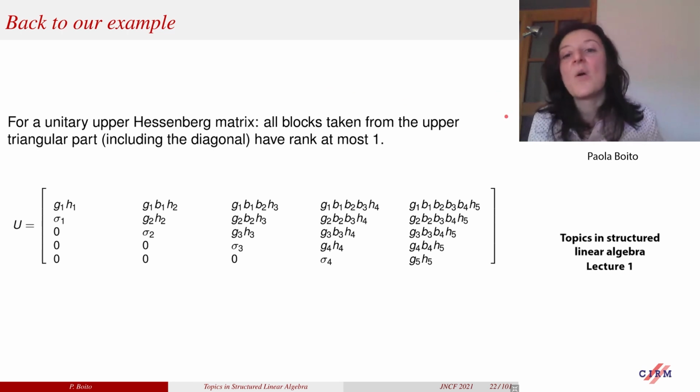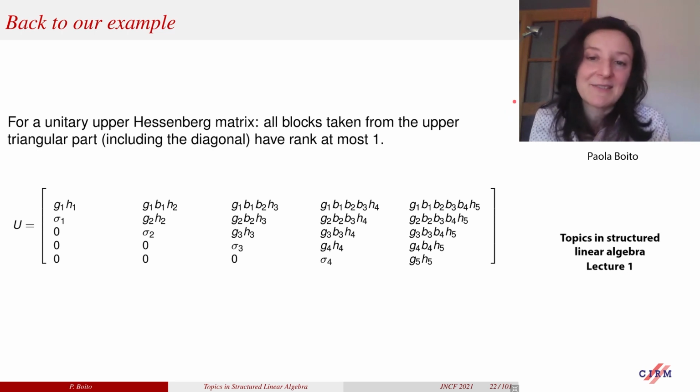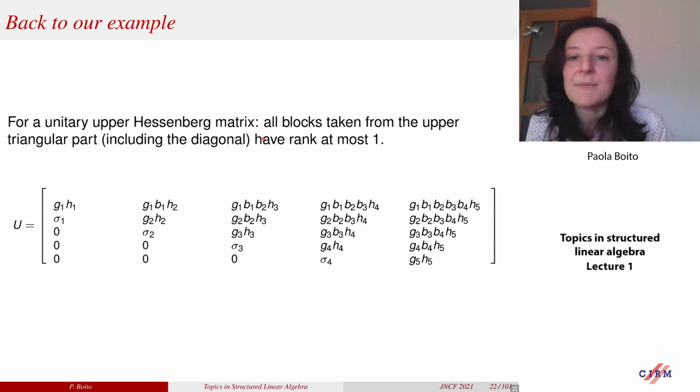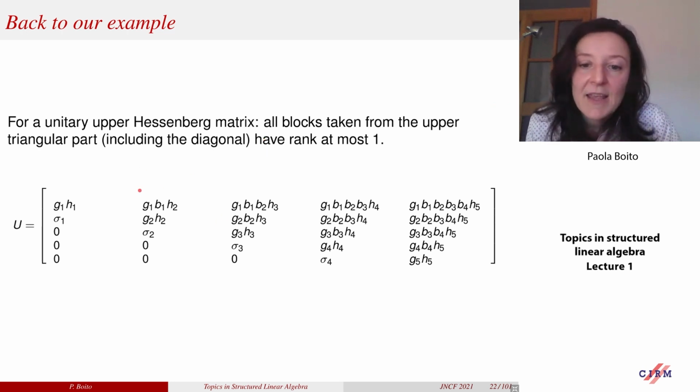So this is a one quasi-separable matrix, but it's even more than that because we can include the diagonal in the block structure. And so the quasi-separable representation, the way we saw it for such a matrix, looks like this.